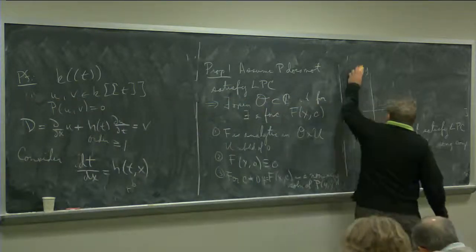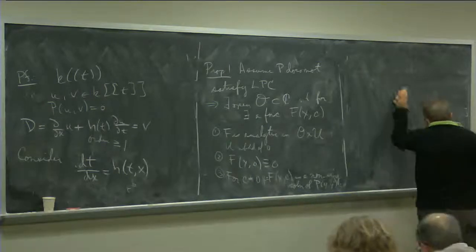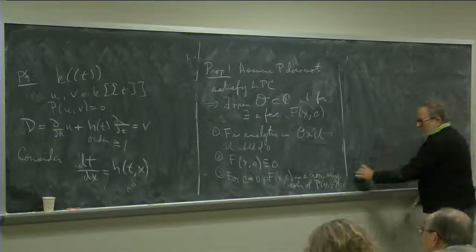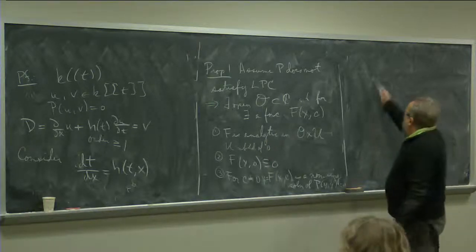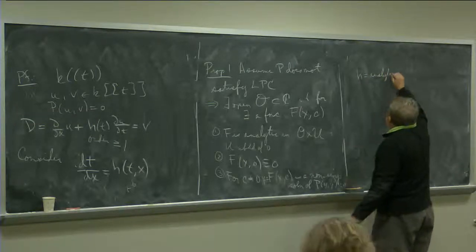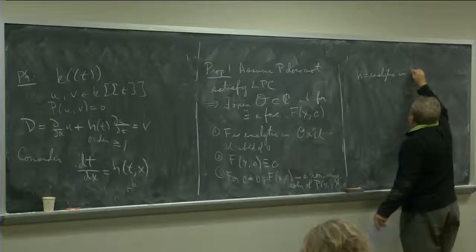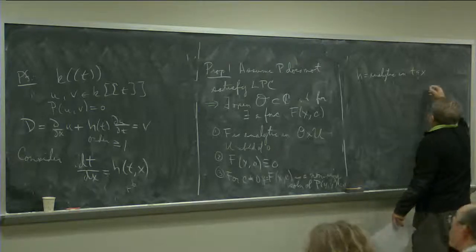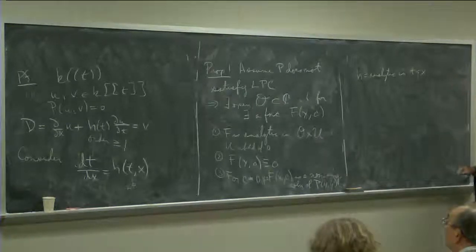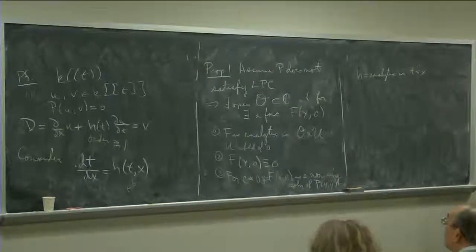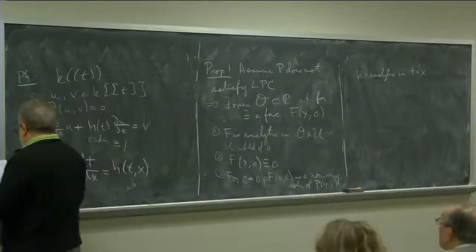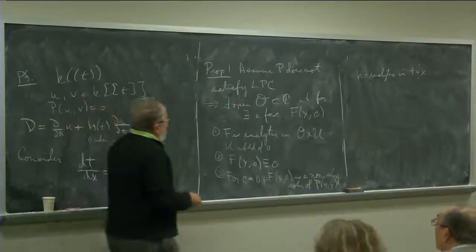If I'm sufficiently careful, and believe me or not believe me, if I am, I can think of h as analytic in t and x in some small neighborhood, for some values of t and x. If I restrict domains enough, I can do that. So I have an analytic solution.